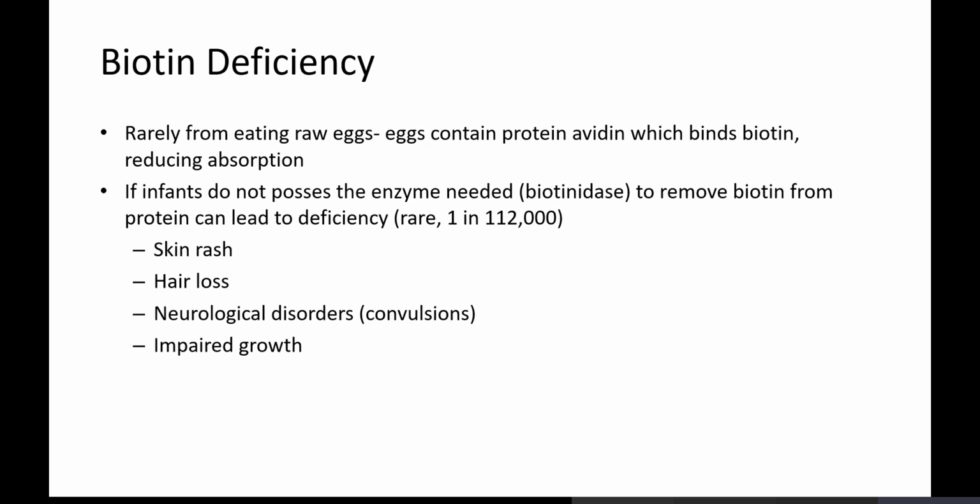However, deficiency of biotin is observed rarely, from eating raw eggs. Eggs contain the protein avidin, which binds to biotin and thus reduces absorption. If infants do not possess the enzyme biotinidase needed to remove biotin from the protein, that can also lead to deficiency, but this is very rare, about one in 112,000 children.